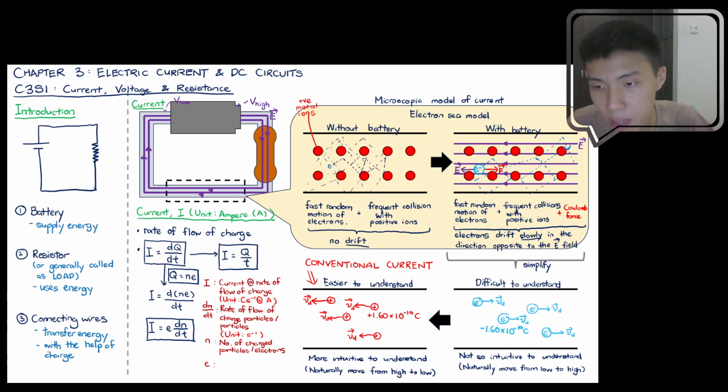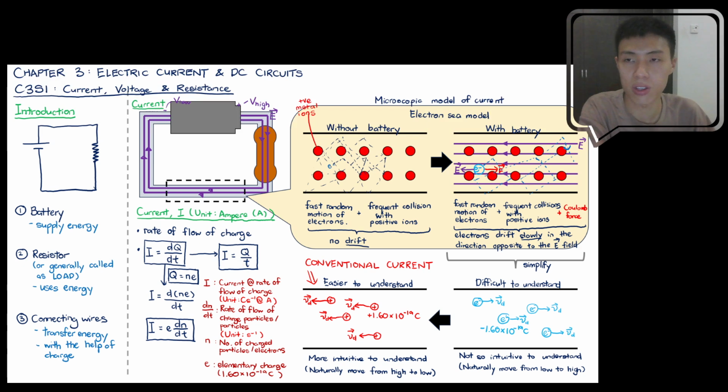The elementary charge is a standard constant number, and the value is 1.60 times 10 to the power of negative 19 coulomb. These are the important values whose differences you need to understand in order to solve questions regarding current properly. Okay, so that wraps up my discussion on current.